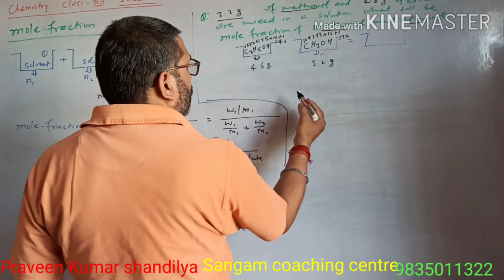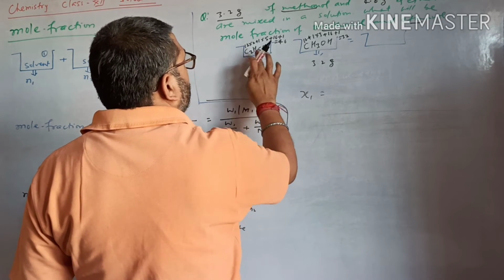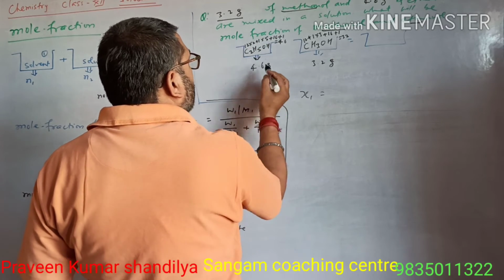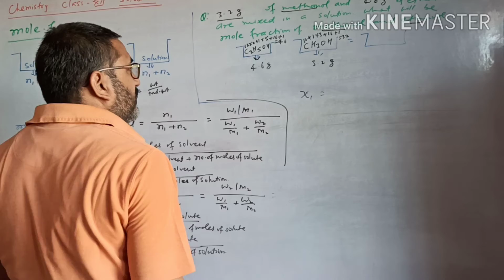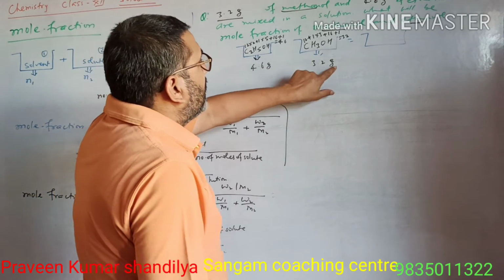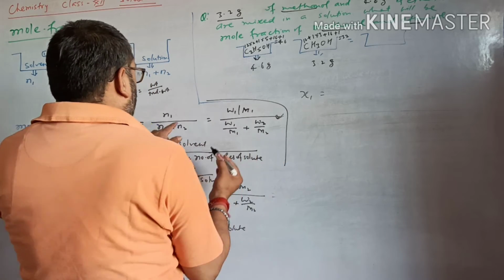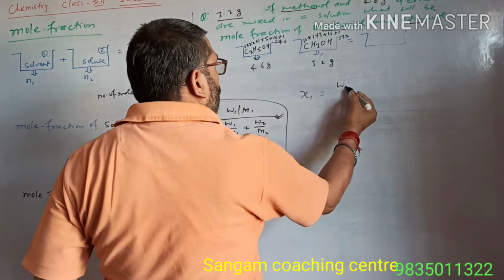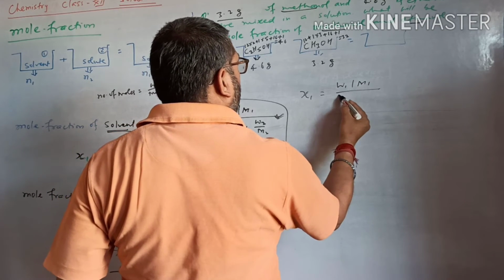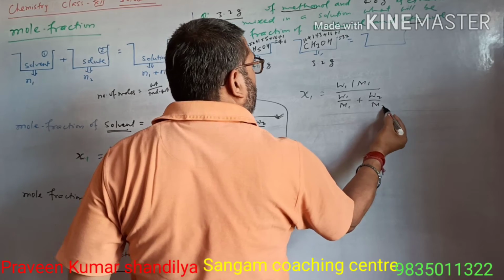We have to find out X1, the mole fraction. Here gram is given, not mole. When gram is given, we apply this formula: W1 by M1 over W1 by M1 plus W2 by M2.